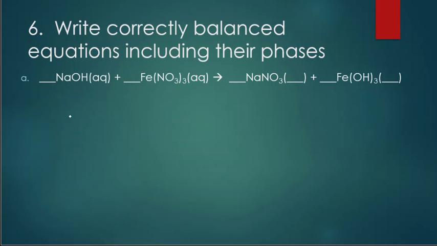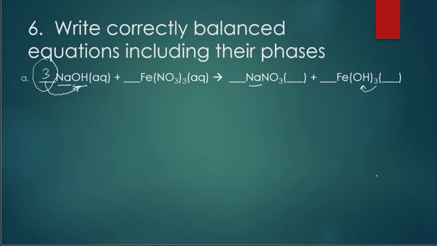How many Nas? One. How many OHs? 3. Uh-oh. So what do we multiply this by in order to get 3 OHs on that side too? 3. Okay. So now we have 3 OHs.